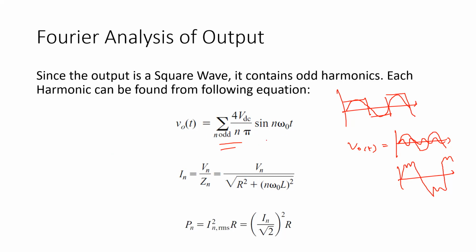So V out is given as 4VDC over pi sine omega t. This will be the fundamental, and then there will be only odd harmonics: 4VDC over 3 pi sine 3 omega t plus.